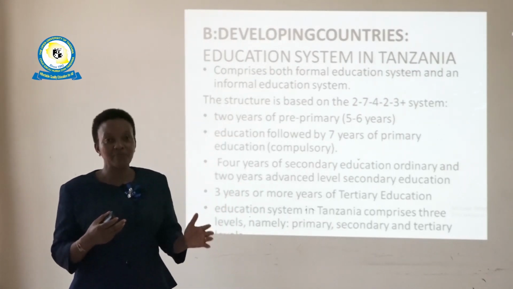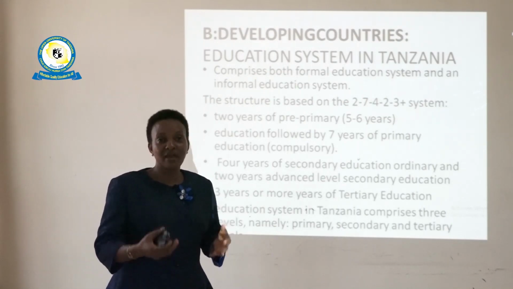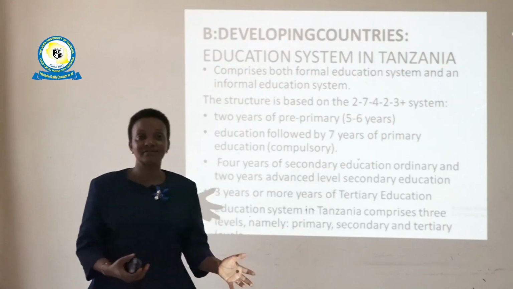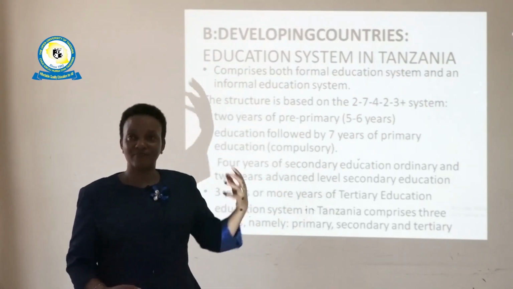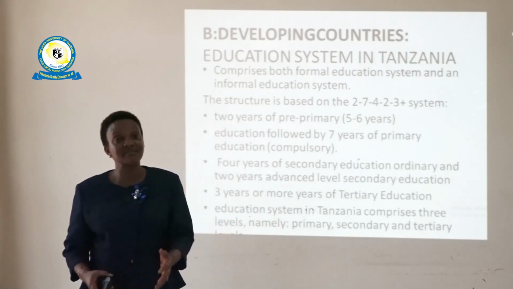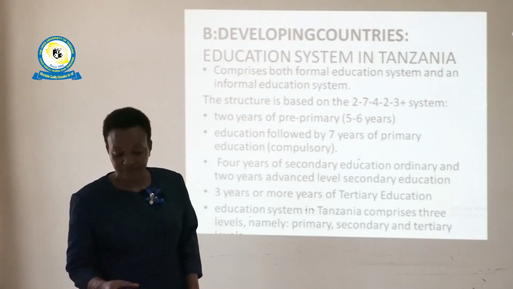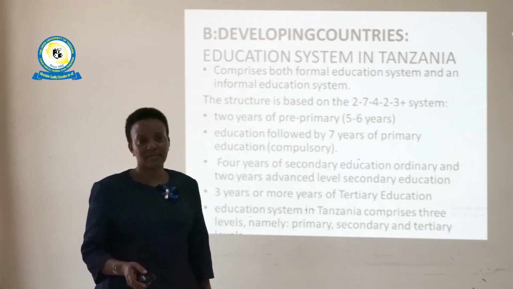systems, of the developed and developing countries, in order to be able to either make some changes in your own country's education system, to borrow some ideas, or to evaluate the weaknesses and the strengths of the education system of your own country. Now let us look at the education system of Tanzania.